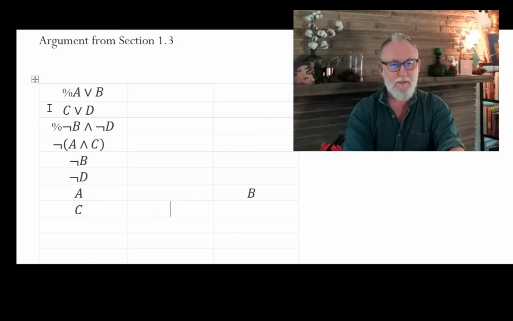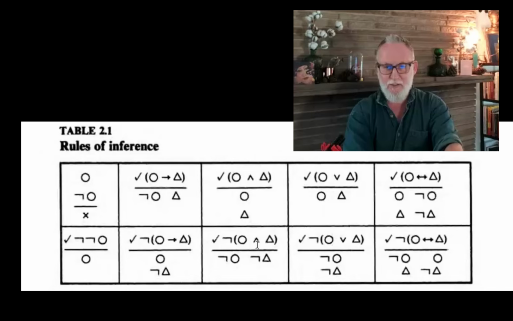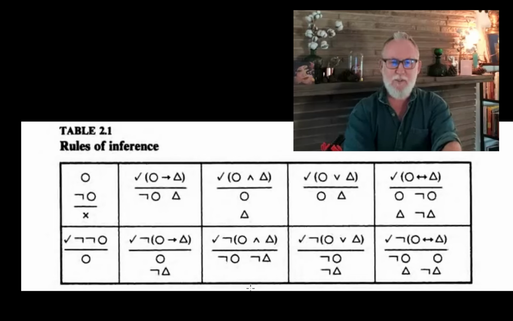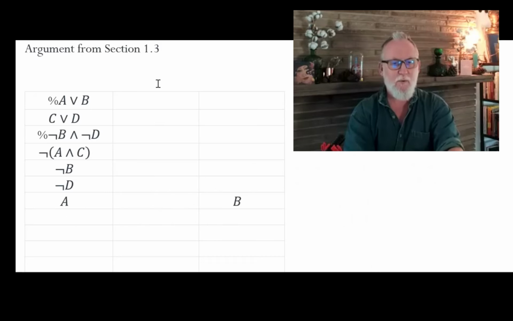Actually, let's do this a little more strategically. Let's do not A or not C. This comes from the negation of a conjunction, which gives us the disjunction of the negations. That's De Morgan's law, if you're familiar with that, but just in Jeffrey's schematic form.